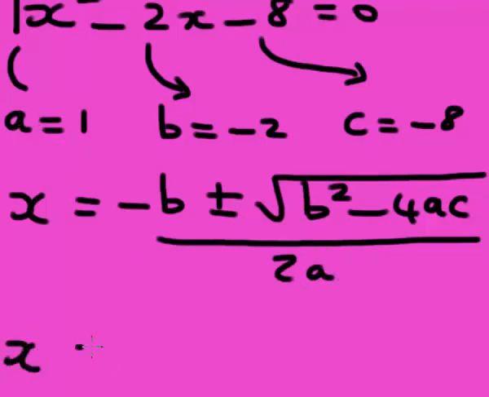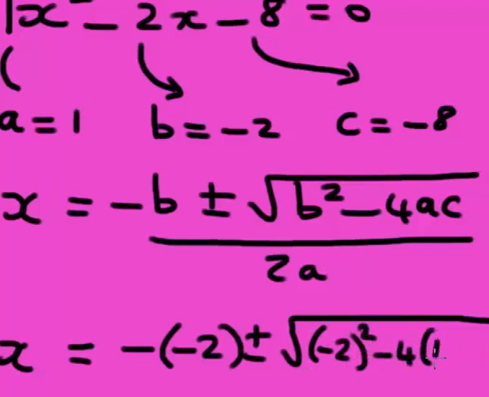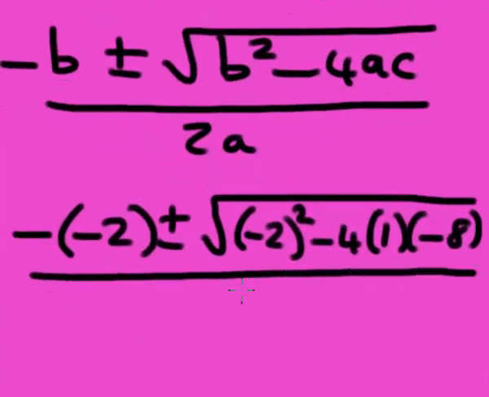So let's see what we get. x is equal to minus b, and b is negative 2, so it's minus negative 2, plus minus the square root of b squared, which is negative 2 squared, minus 4 times a, which is 1, and c, which is negative 8, all divided by 2 multiplied by a.